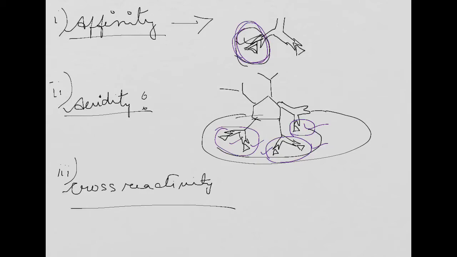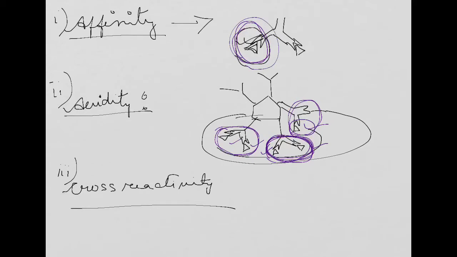Okay, when affinity is compared with avidity, more force will be required to dissociate all the antigens. Therefore, in case of a pentamer, avidity will be more but affinity will be less. Because it will require more strength or more energy to dissociate all the antigens from a pentamer than a monomer.